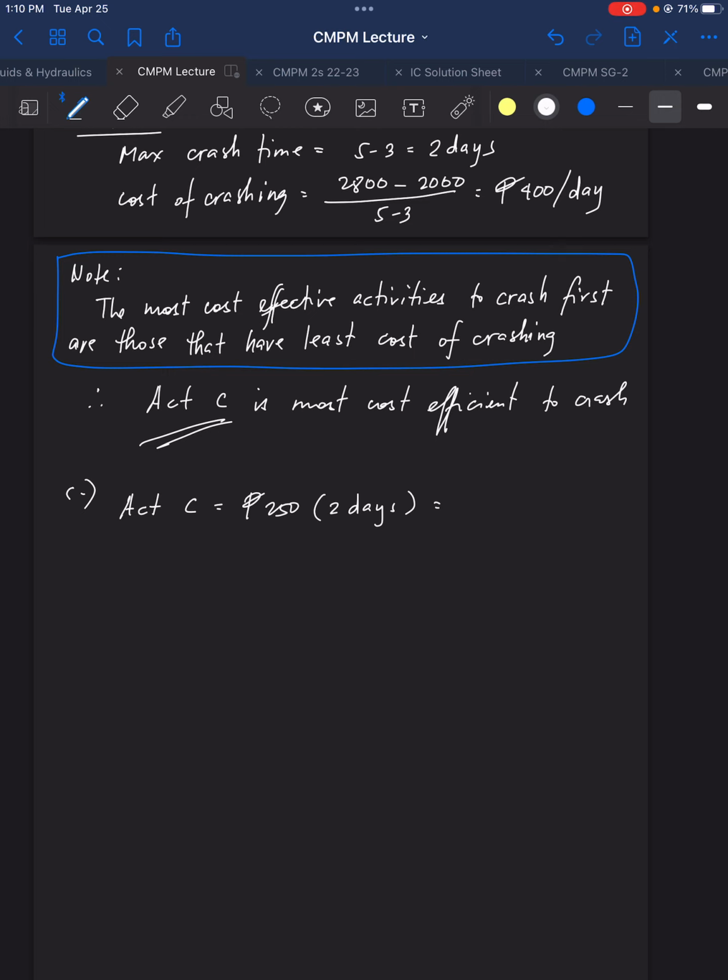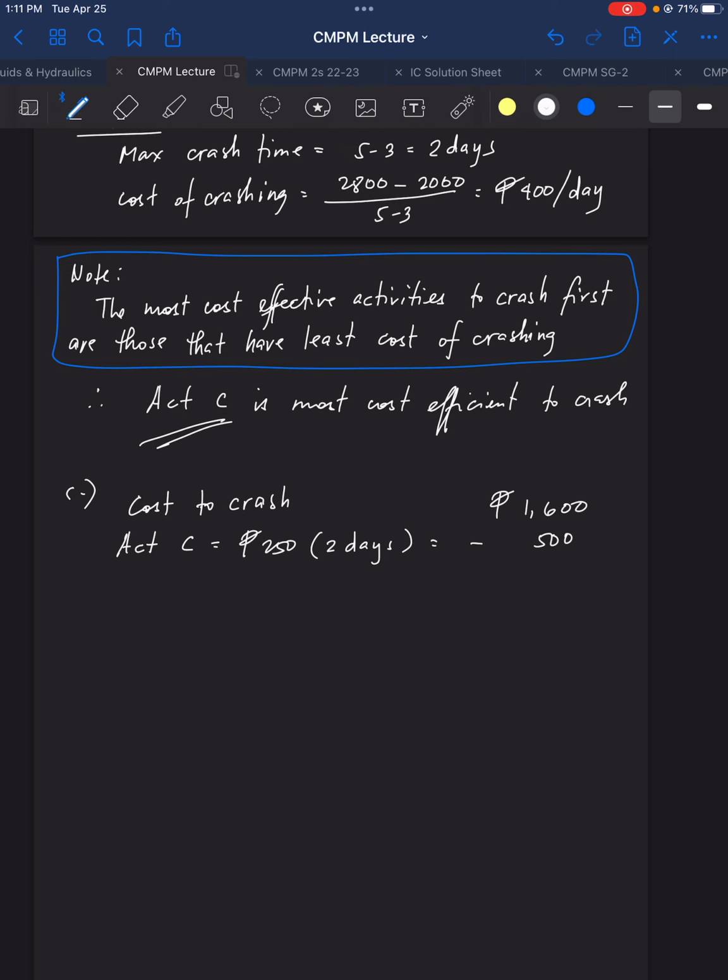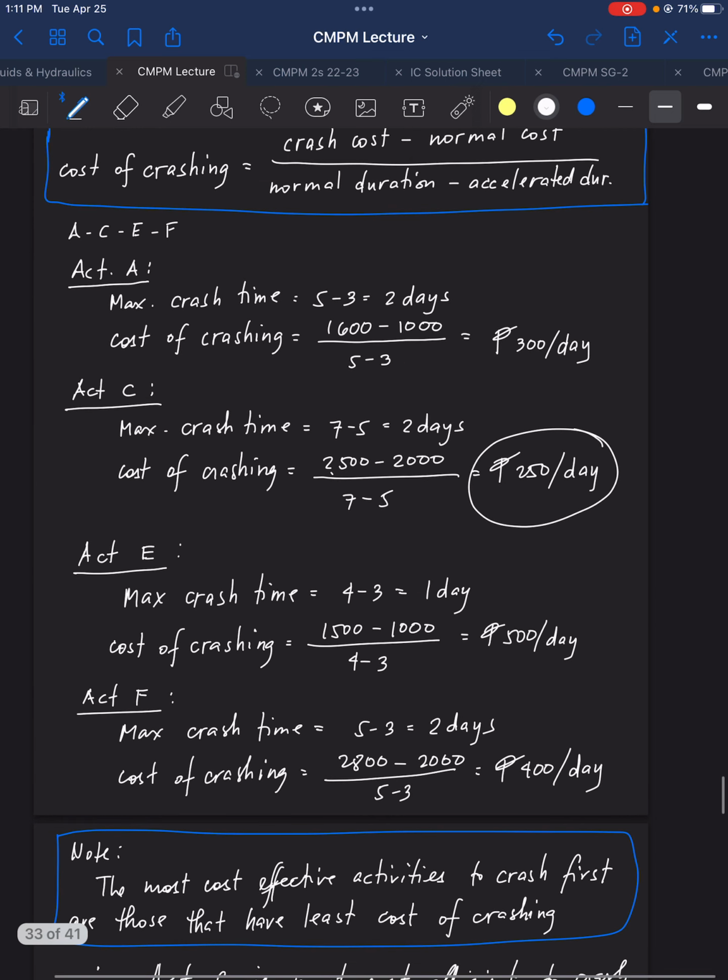So that means our cost to crash here is 1,600 minus 250 times 2, 500. So we still have 1,100 pesos to use to crash other activities. Which one among activity A, E, F?